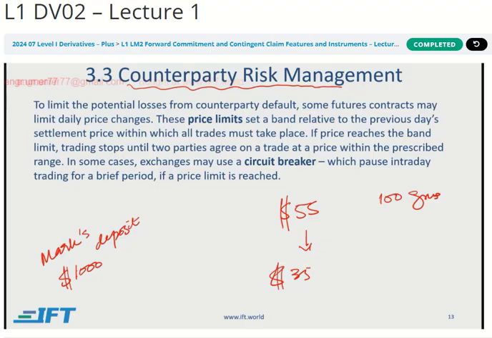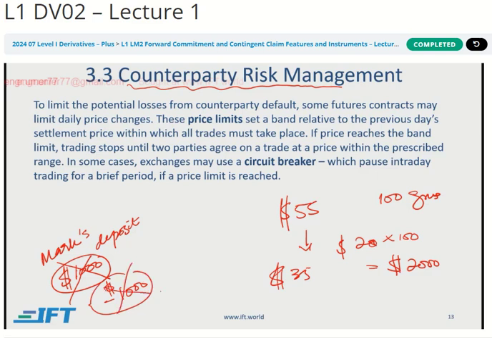So how much of a difference is this? This is $20. So $20 multiplied by the 100 grams is a loss of $2,000. Now Mark's deposit of $1,000 is gone, and Mark still has to pay another $1,000 to make the other party whole. But his deposit was only 1,000 and he refuses to pay more money.